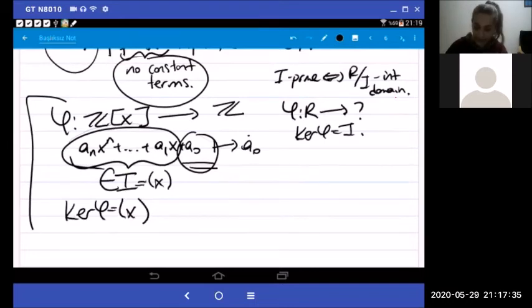And again, I know that this is surjective because I defined it so. After applying the first isomorphism theorem, you reach the conclusion.